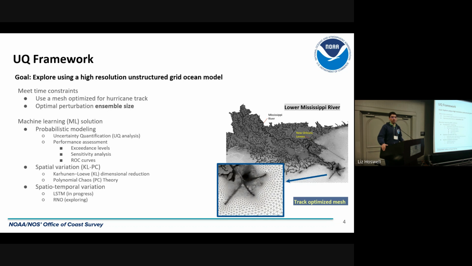This is built off existing work by my colleagues at NOS and Argonne National Lab, and in the current work we're modifying it a little to improve the results. We can get exceedance levels and sensitivity results, and compare with P-Surge using ROC curves. Currently, the probabilistic results of this framework are based only on the max elevation, but we're looking into also taking care of time-based results.